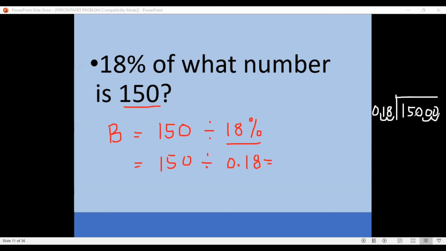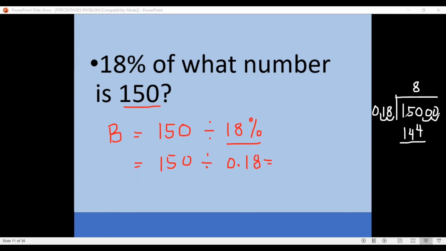Okay, so you divide now, what is 150 divided by 18. So how many groups of 18 do we have there? We can have 8, simply 8. So if you are going to multiply that, 8 times 8 is 64, and then you add 8 and 6, after multiplying, that is equivalent to 144.